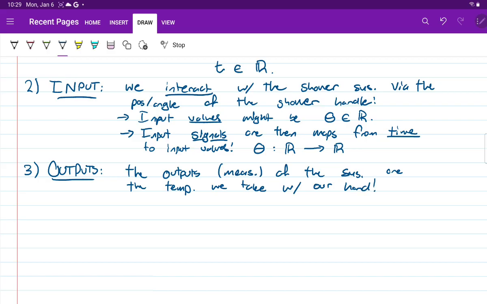So I go ahead, I stick my hand into this water and I say, okay, this is the current water temperature. All right. So I don't know about you, but my hand is not a thermometer, right? There's really only a couple different temperature measurements that my hand can understand, right? So let's say measurement values belong to the set.